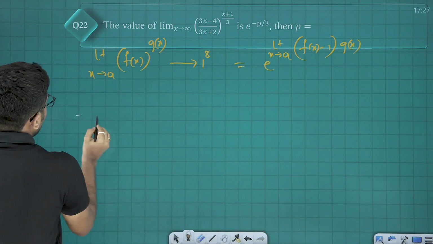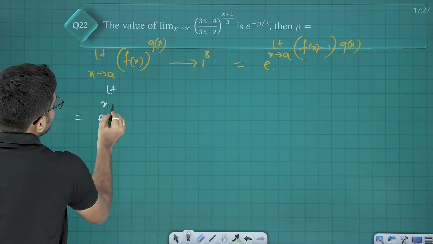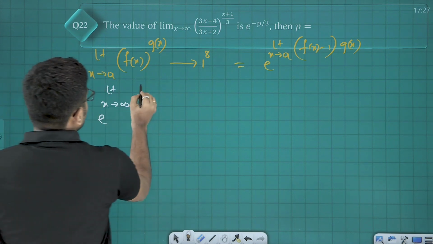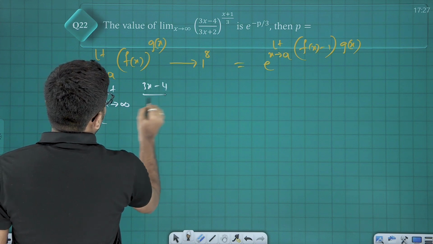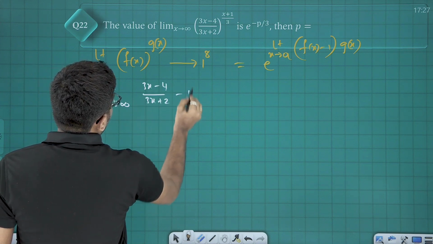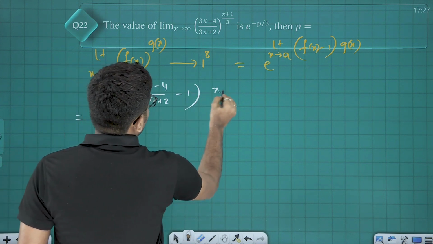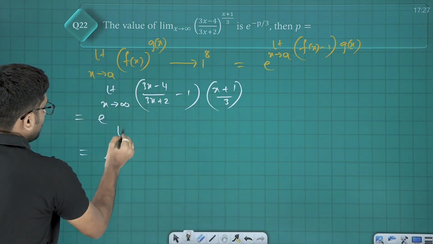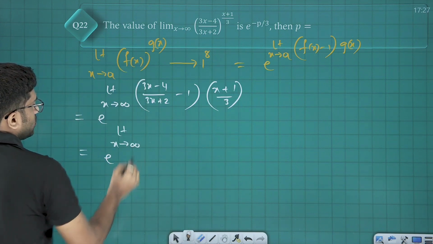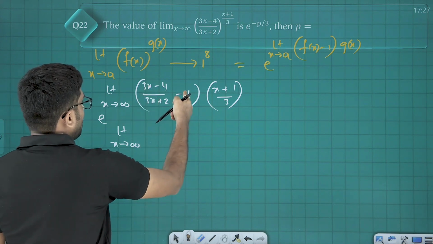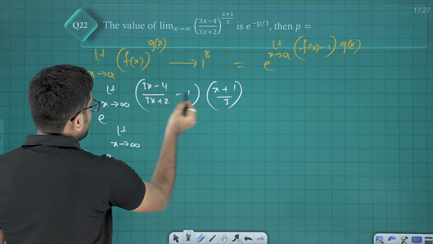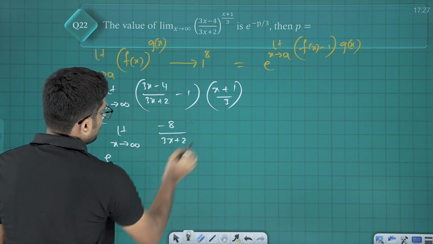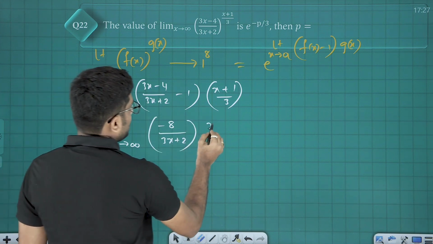So that will be now e power limit x tends to infinity, f of x minus 1, so (3x minus 4) by (3x plus 2) minus 1 into g of x, (x plus 1) by 3. So e power limit x tends to infinity, 3x minus 3x cancel, minus 4 minus 2 is minus 6 divided by 3x plus 2 into (x plus 1) by 3.